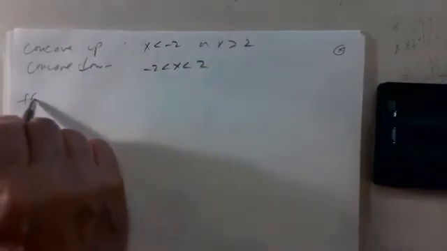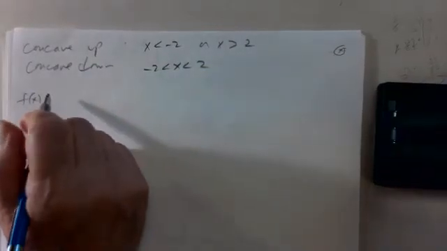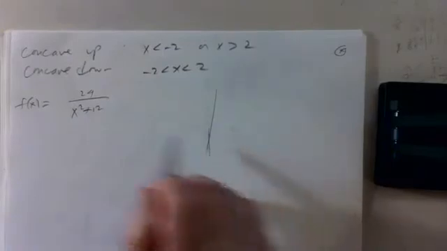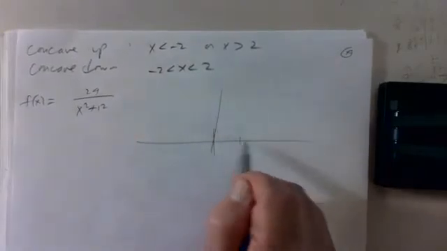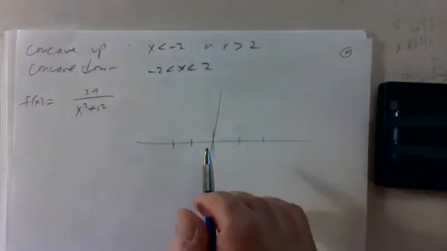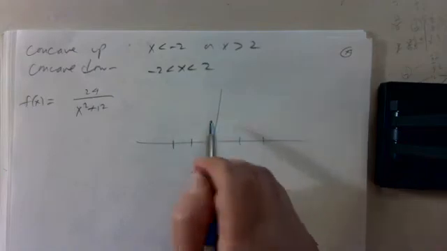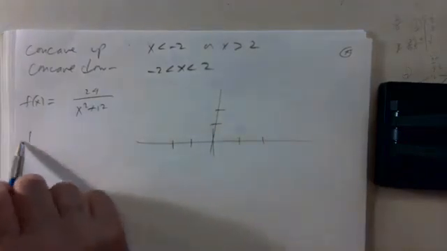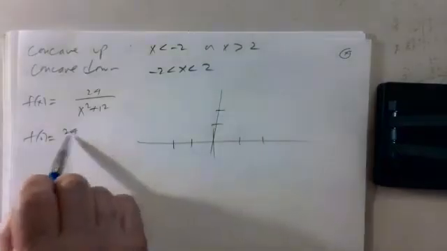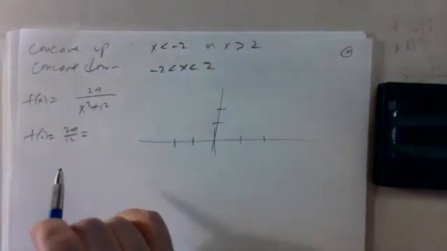What was our function? My function is f of x equals 24 over x squared plus 12. It's always positive. What does the graph look like? When x is 0, I get 24 over 12, which is 2.